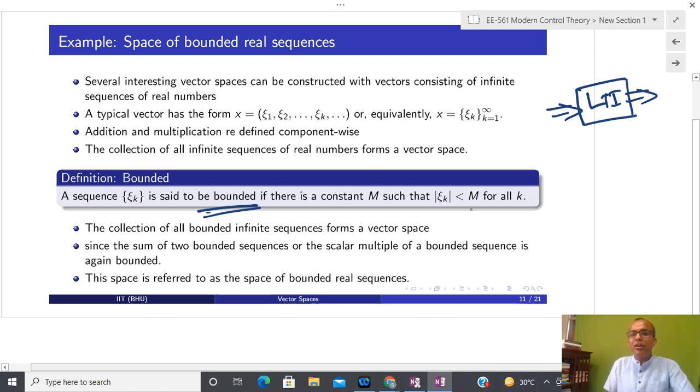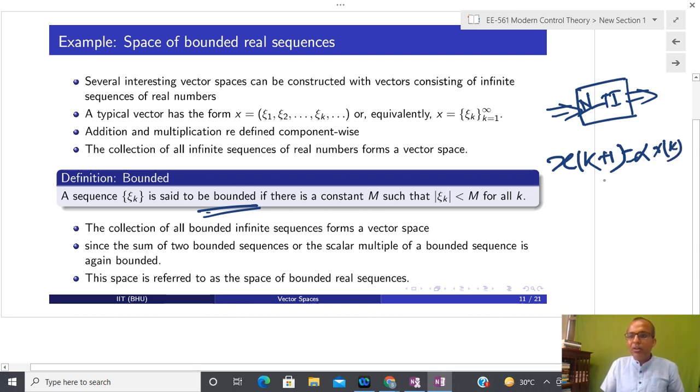Whenever we apply some input to a discrete time LTI system, I am going to make sure that whatever input is coming from some sequence, that sequence is bounded. You can interpret it like this also: x_{k+1} equals alpha x_k, assuming this is a first order system.